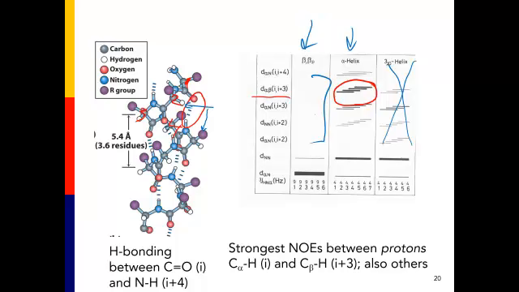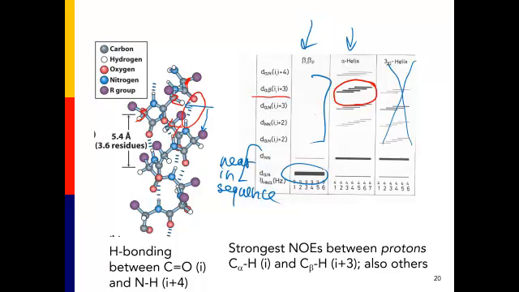The only signals you get for a beta sheet are the protons that are next to each other in the sequence. So these are near in sequence, and of course they're near in space. You're missing all the long distance connections, both hydrogen bonds and protons through space.